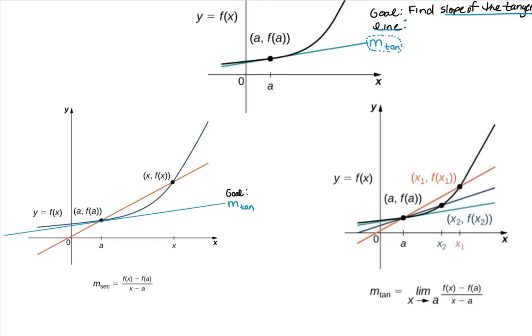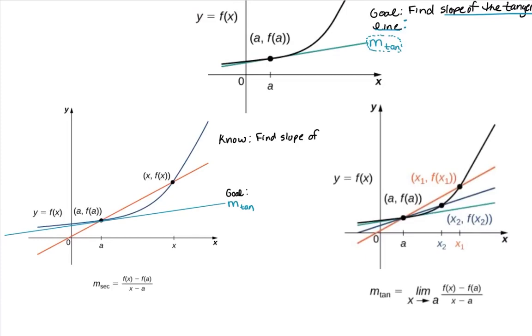So I always needed 2 points on a line in order to find the slope of that line. So here's what we know: we can find the slope of a line that goes through 2 points on the function.